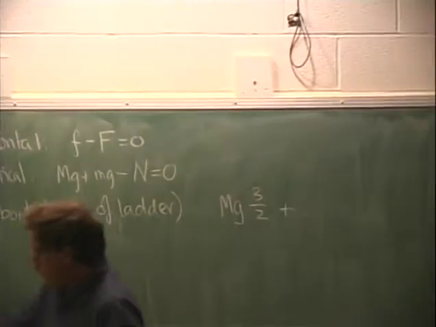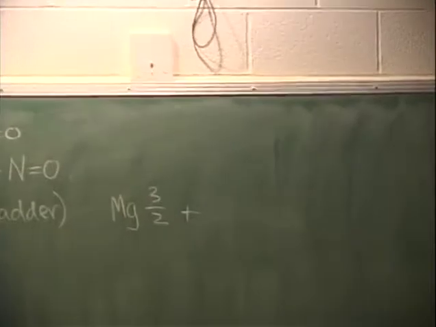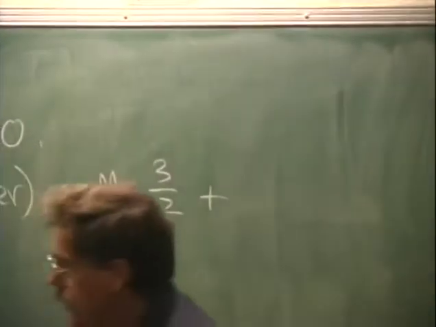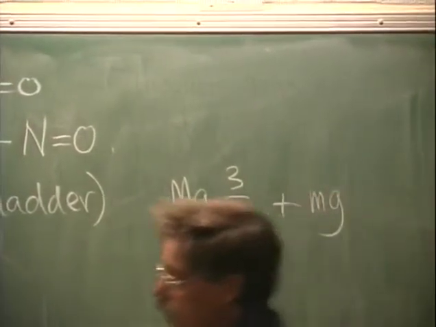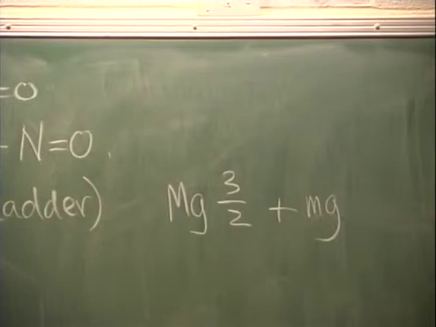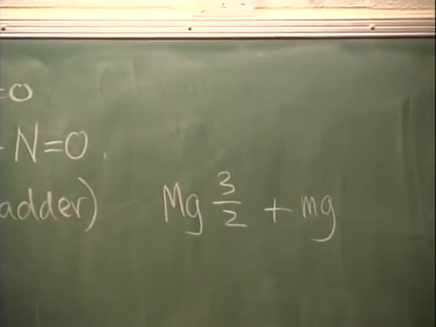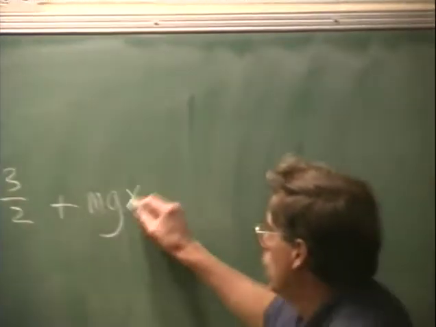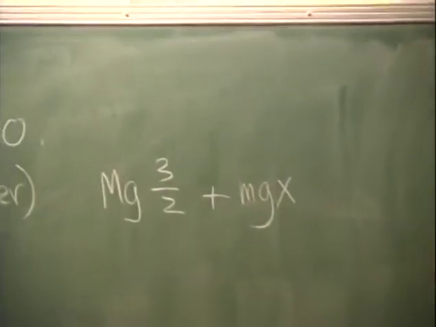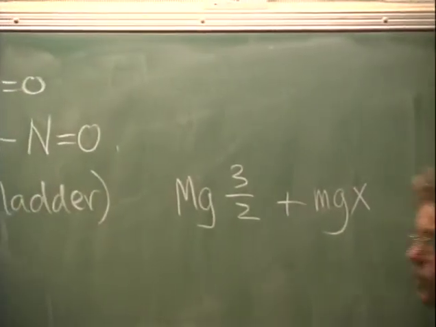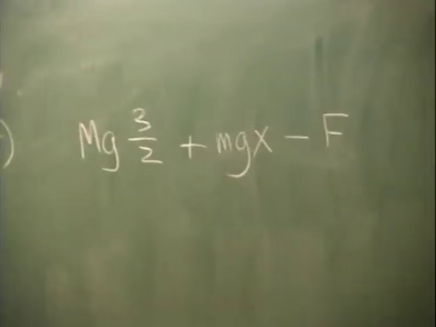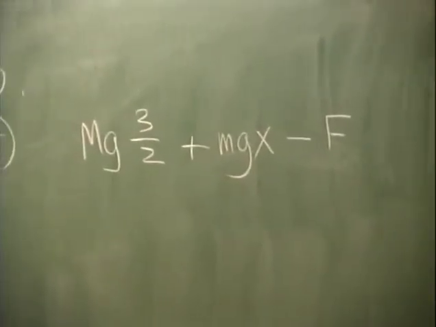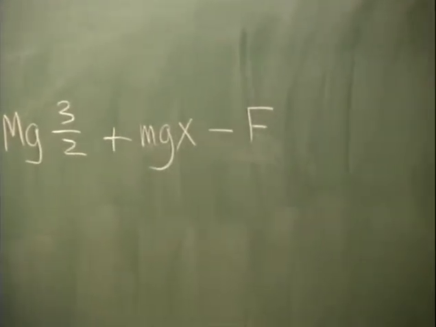And the weight of the guy on the ladder also contributes in the clockwise direction. That would be his mass times g times his lever arm, which is x, the perpendicular distance to the line along which that force acts. And now what's tending to rotate it counterclockwise? Capital F, the force of the window, so that comes in with a negative sign. And what's the lever arm for that one? 3? 4.